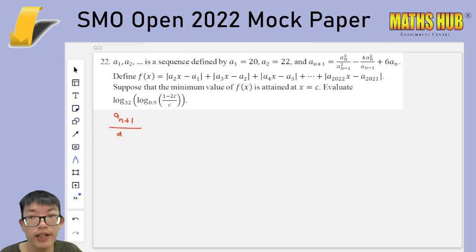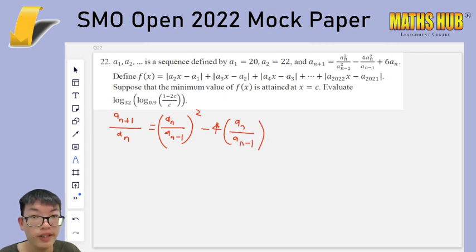So if you divide by an, what happens is that this is going to be in the form an over an minus 1 squared minus 4 times an over an minus 1. This is already a little better. I'm going to just let an plus 1 over an be bn.